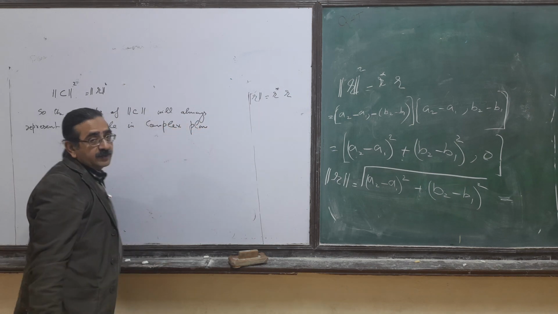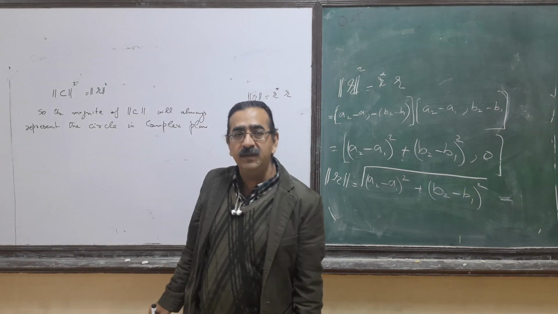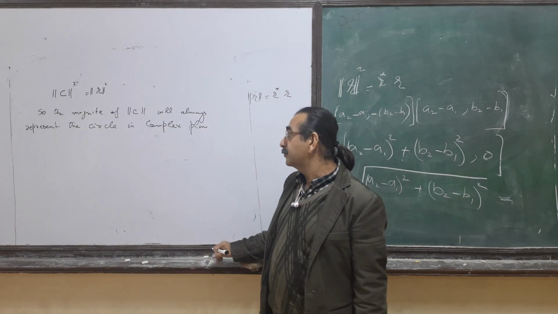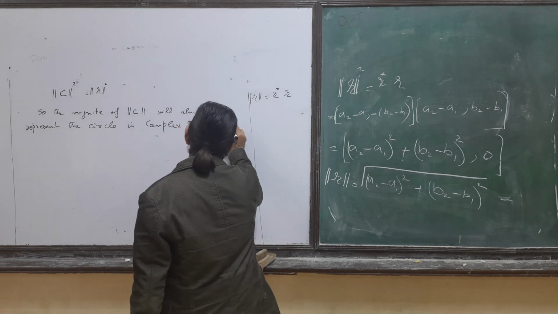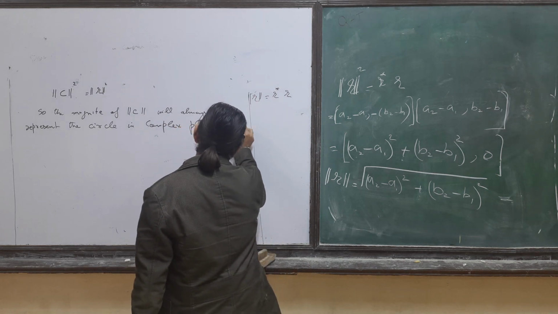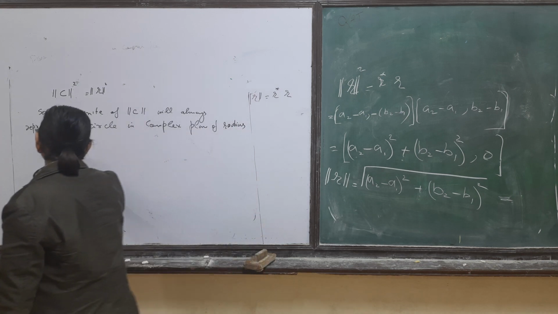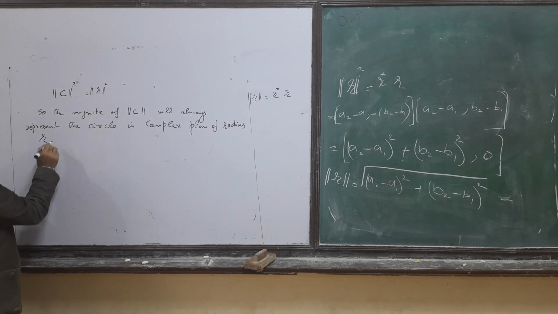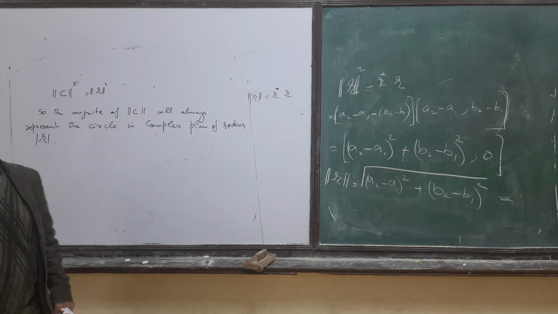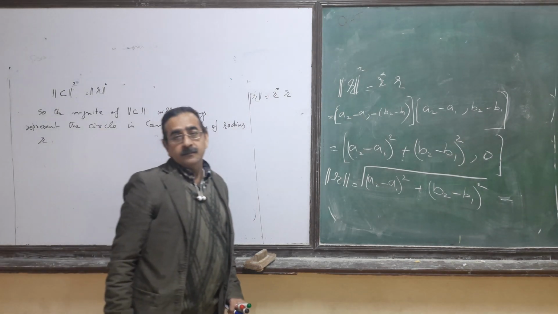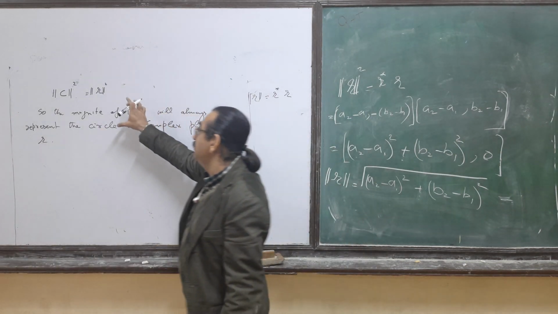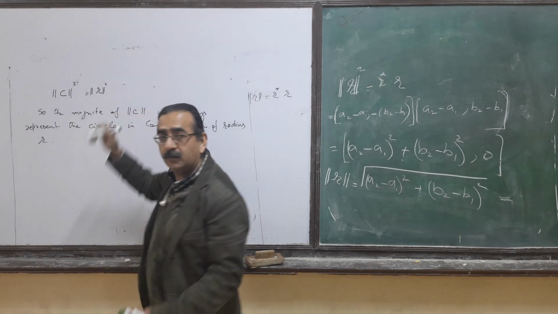If only that equation is given, it will represent a circle of radius r. That means the length is constant everywhere.